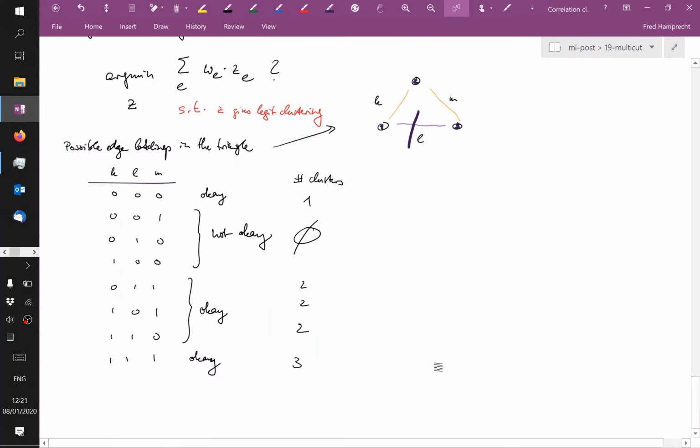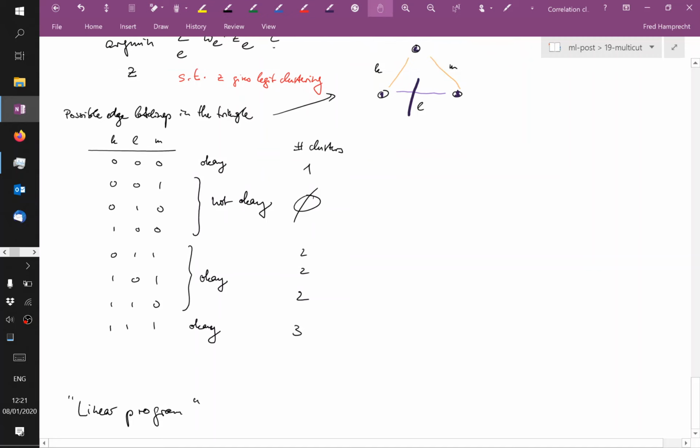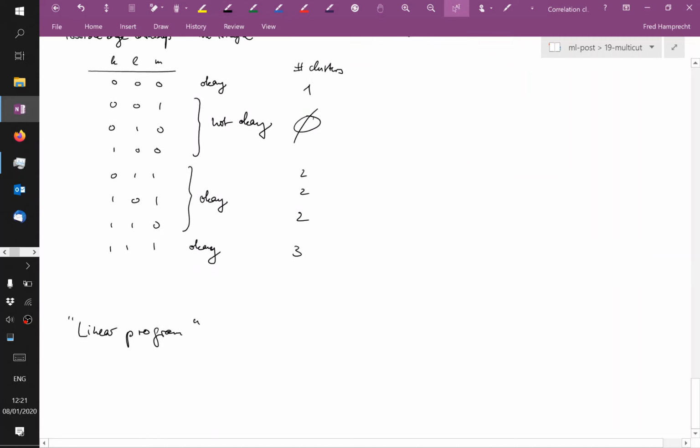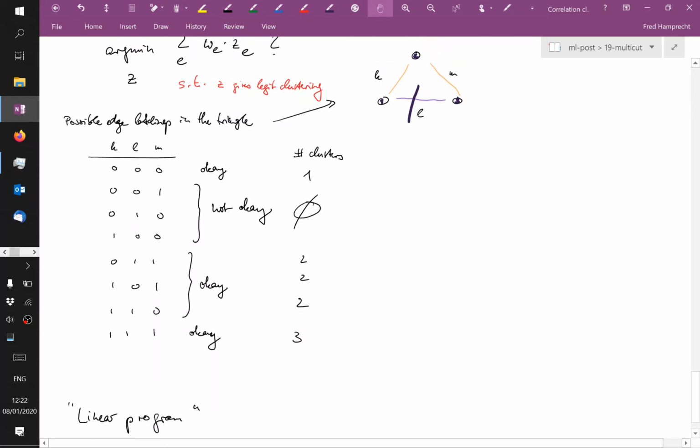I should maybe add that a typical form of an optimization problem is to cast a problem as a linear program. Linear program means that we want to minimize or maximize, let's say, over some variable Z. The objective should be linear in Z. So I've now summarized all these edge weights W in a single vector W.